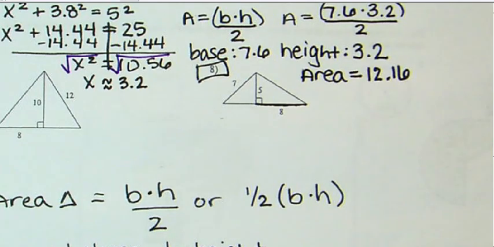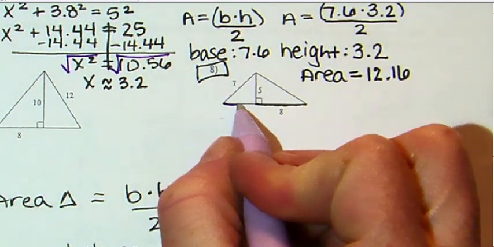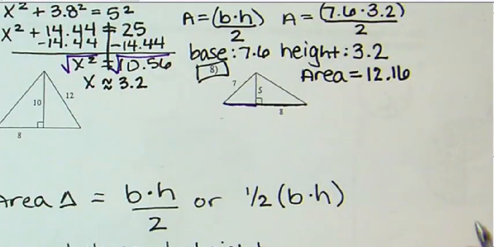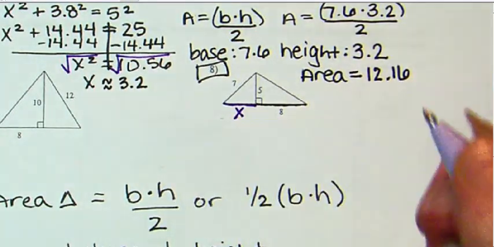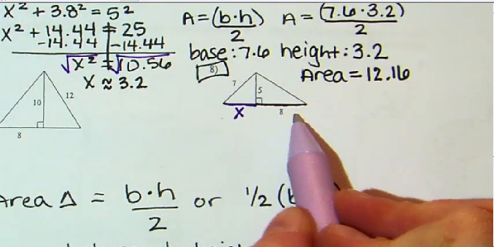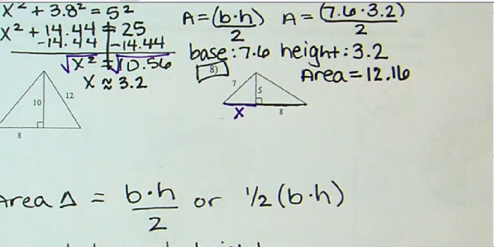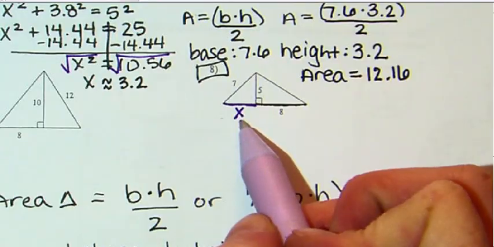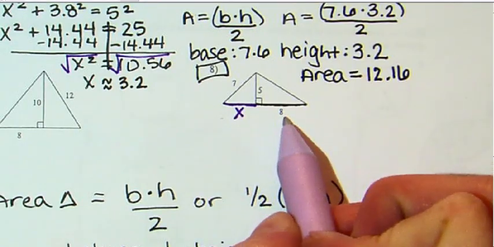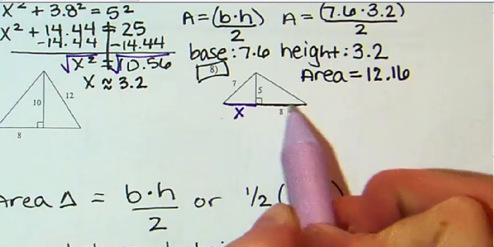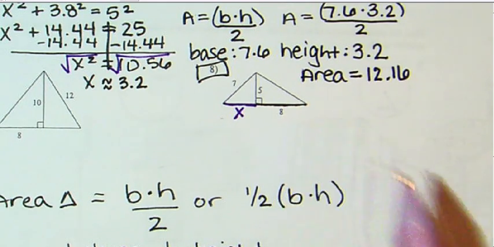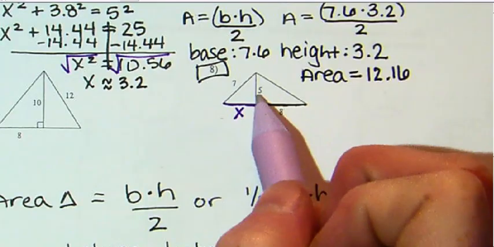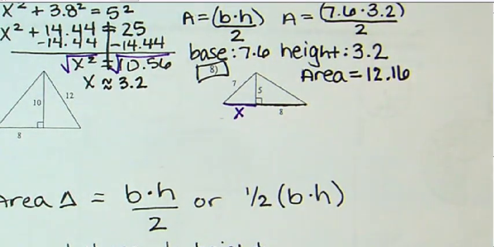You are going to need to figure out what this part of the base is so that you have the entire base when you're calculating your area. So find x first, add that to 8, that will give you your whole base, and then you can plug in your base and your height into your triangle area formula.